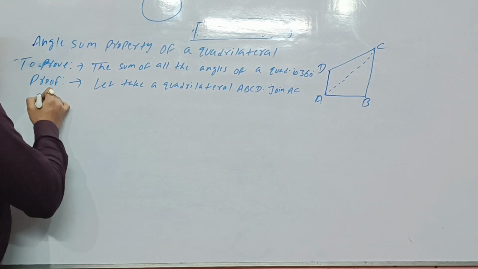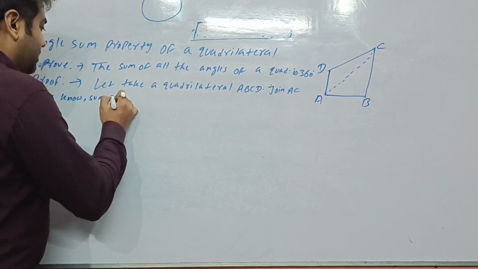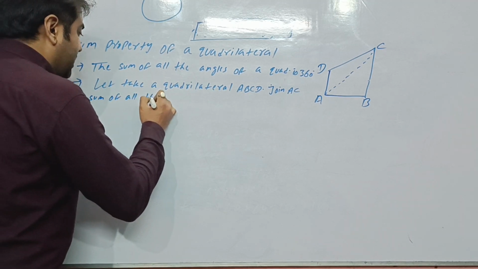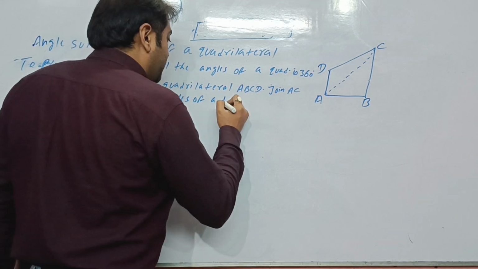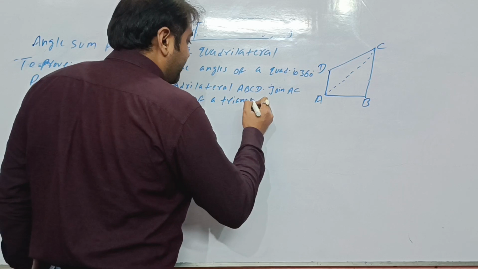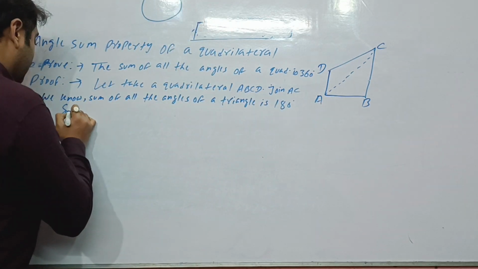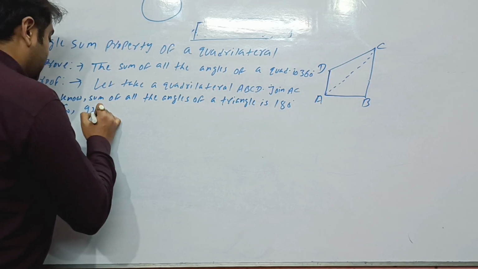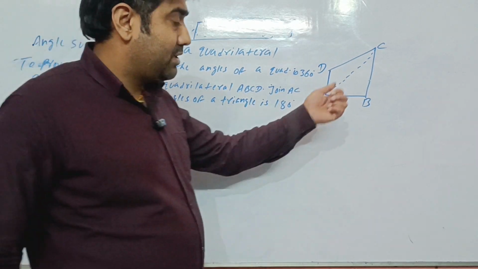So first we write here, we know the sum of all the angles of a triangle is 180 degrees. So in triangle ABC, we are coming to triangle ABC.